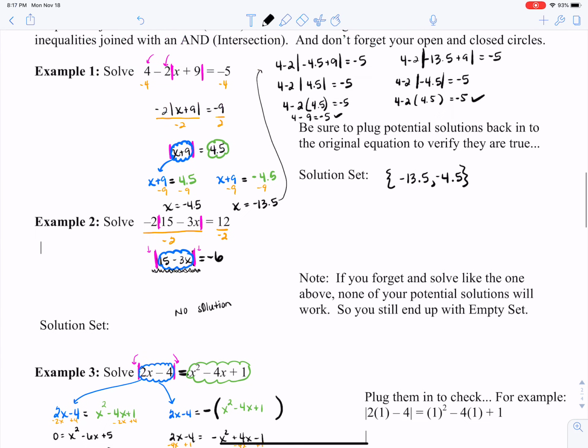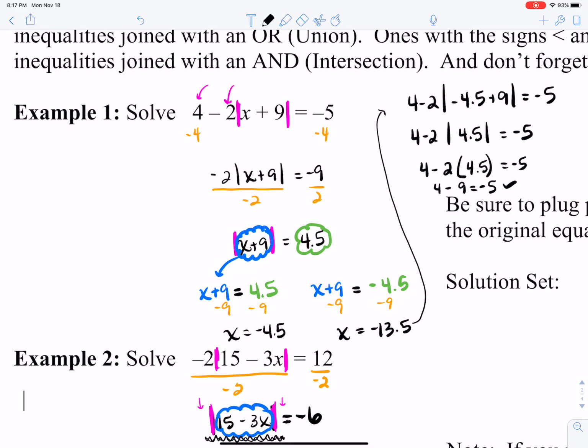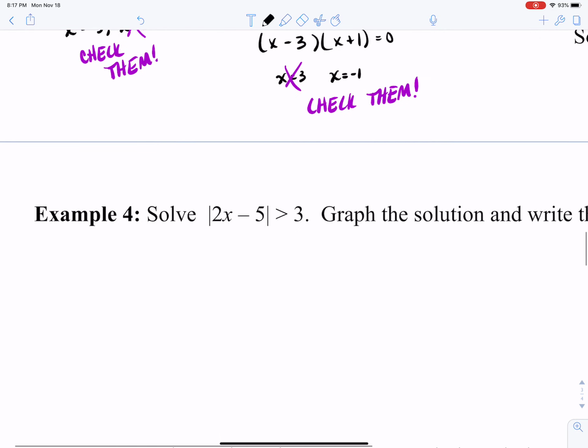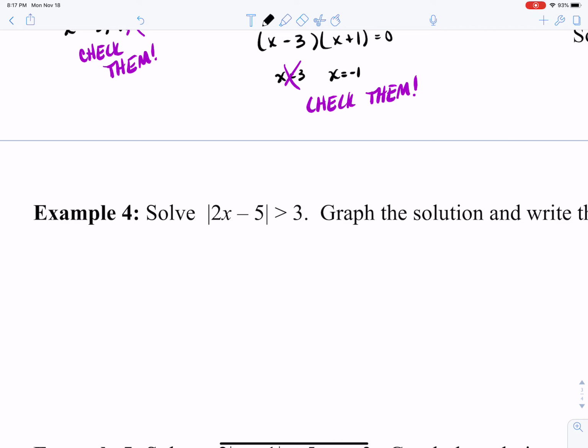Okay, so before we go to the back, notice that on the front we were solving absolute value equations. Typically when we solve an equation we get a number, or maybe two or three individual numbers. You all know that when you solve inequalities you get a lot of numbers, and your answer might be something like x is greater than or equal to 4.